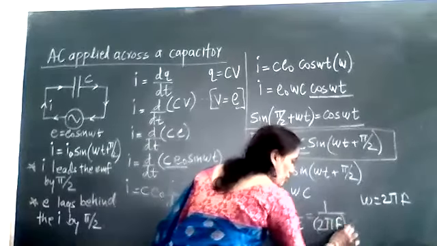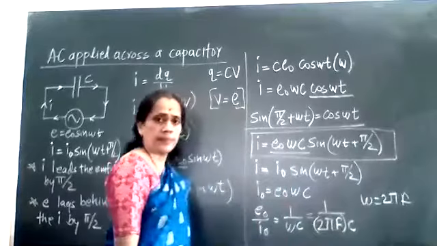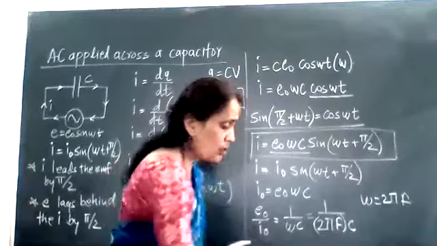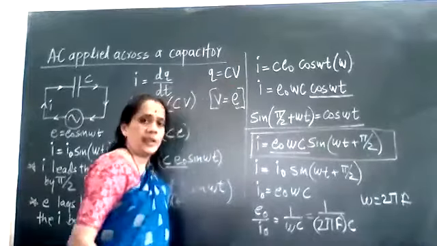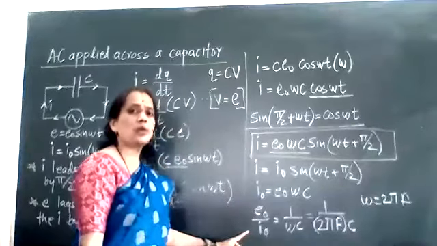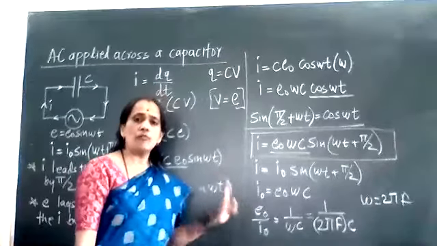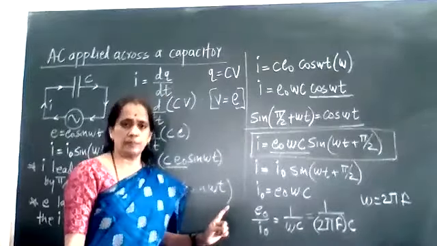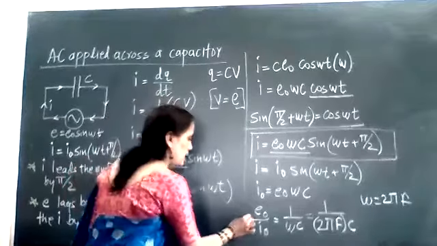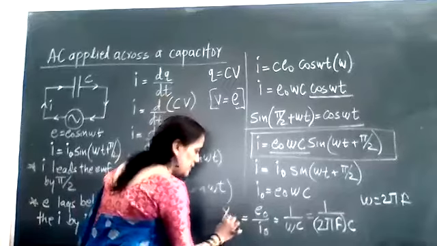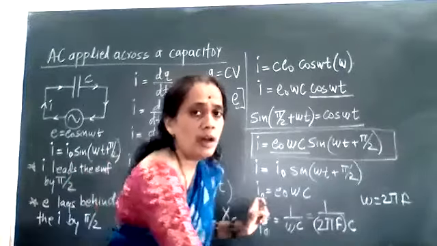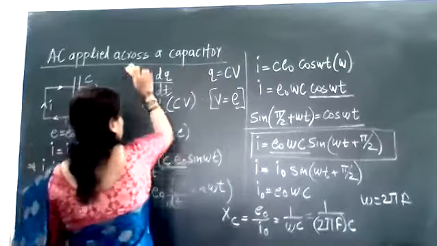Therefore, it is equal to 1 upon 2 pi f into C. This is your ratio E0 upon I0, and this ratio E0 upon I0 is called the resistance offered by the capacitor.